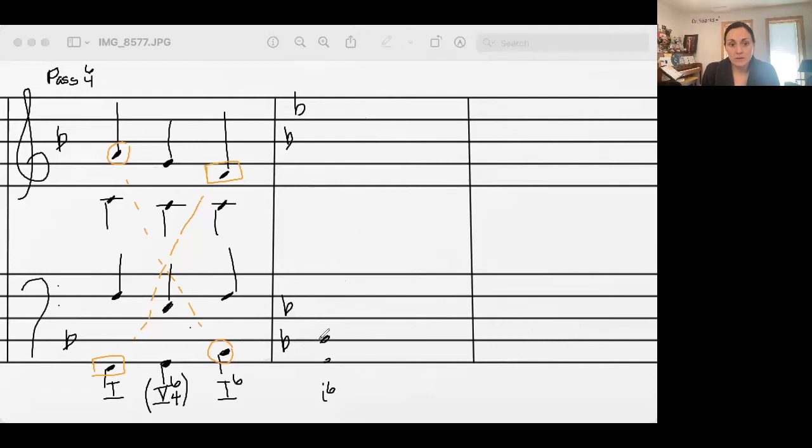So we're going to do B flat, a G, a D, and then another G because we want to double the root. All right, we're going to a 1, and obviously that's going to be down here. And our voice exchange is going to be up here. We want to try to keep the 5th even.